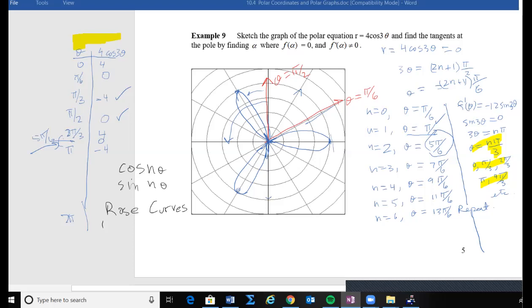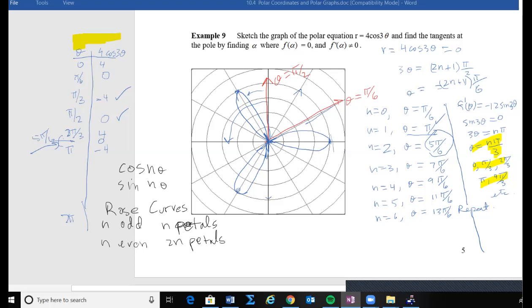And if n is odd, then the Rose curve has n petals. If n is even, then it's 2n petals.